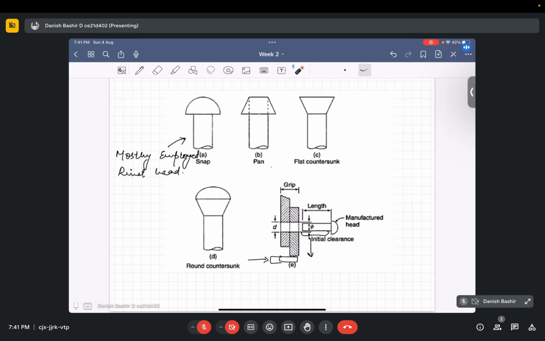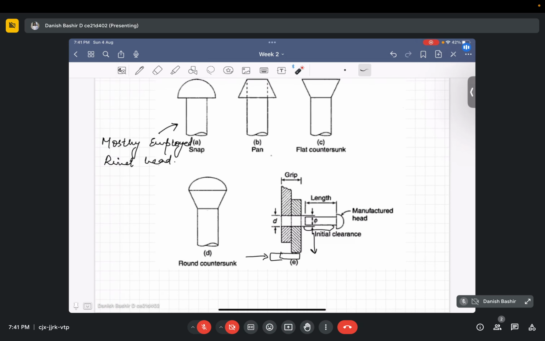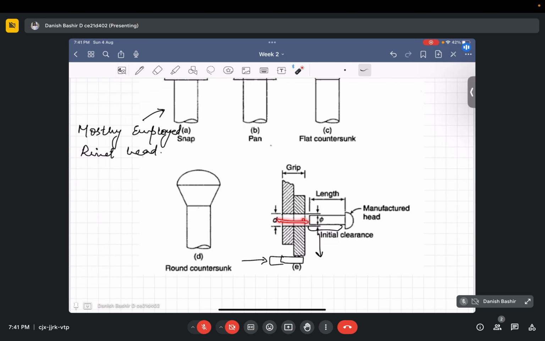So, when the grip of the rivet becomes long, the rivet is subjected to bending in addition to bearing and shearing stresses. Okay, usually there is bearing stress like this, and there is shearing stress like this. When the length is more, it is subjected to bending stresses like this also.